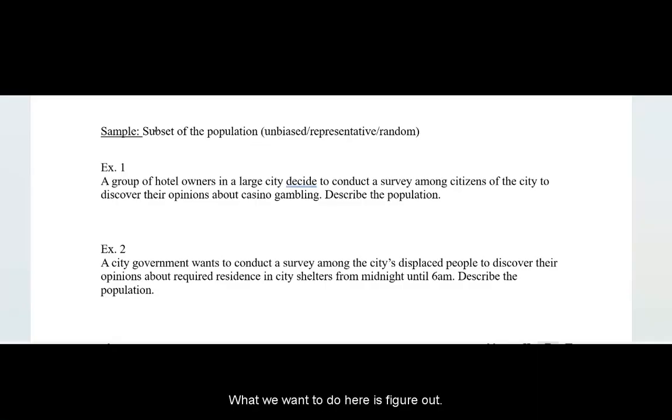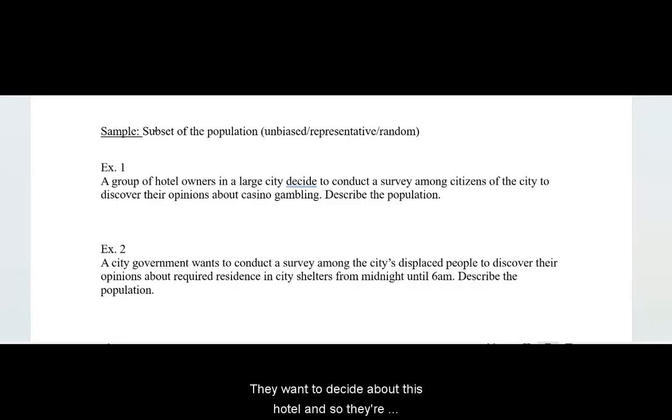What we want to do here is figure out, well, let me read it first. A group of hotel owners in a large city decide to conduct a survey among citizens of the city to discover their opinions about casino gambling. Describe the population, meaning where are we going to gather our data from? Who's the population? Well, it says that we're looking at the citizens, right?